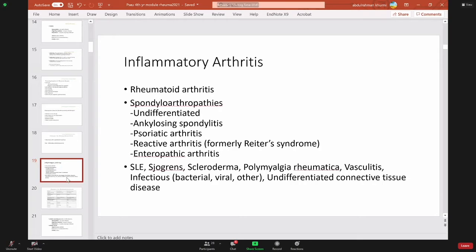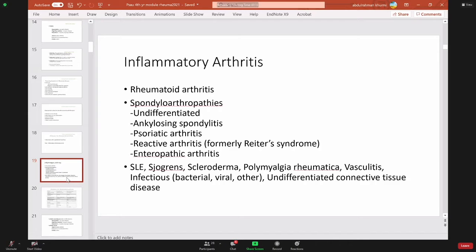inflammatory bowel diseases. We have other systemic illnesses like SLE, which is lupus, and Sjogren's and scleroderma, which have other manifestations like joint pain, but they have systemic manifestations like muscle pain, pleuritis, skin inflammation and skin rashes. Polymyalgia rheumatica, vasculitis, and other infectious and undifferentiated connective tissue diseases.